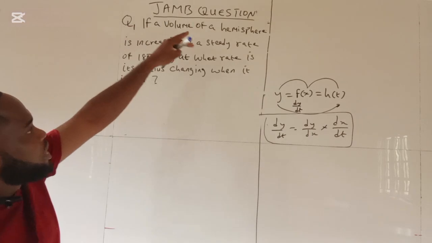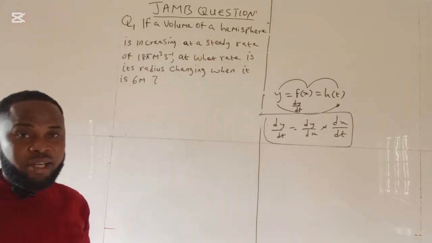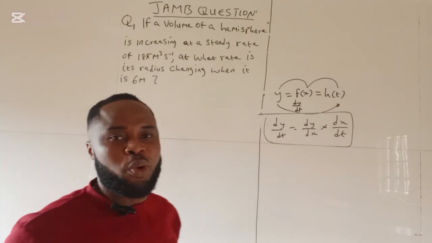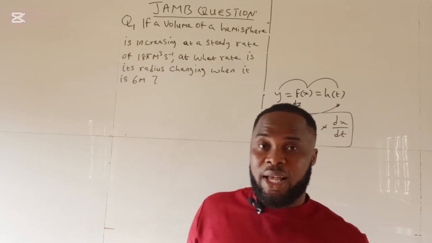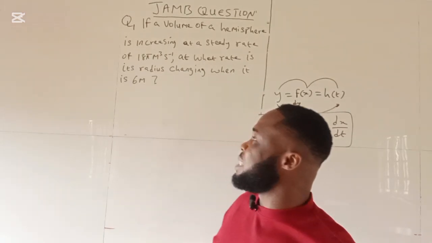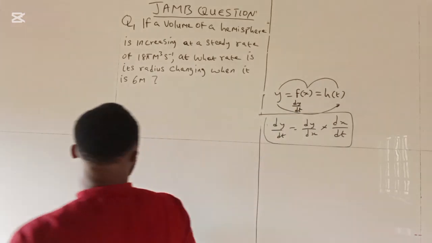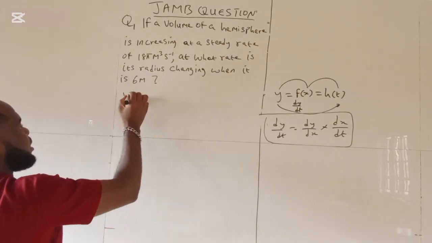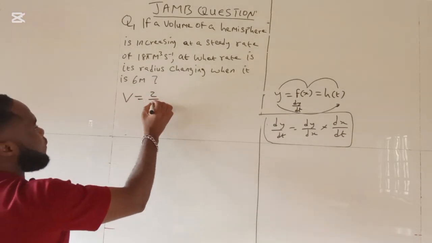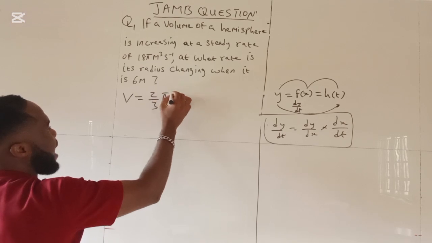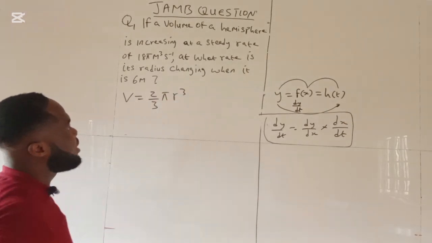Now the main function here is the hemisphere. Of course we know that a hemisphere is just half of a sphere, and you can remember from mathematics the formula for the volume of a hemisphere: 2/3 πr³.